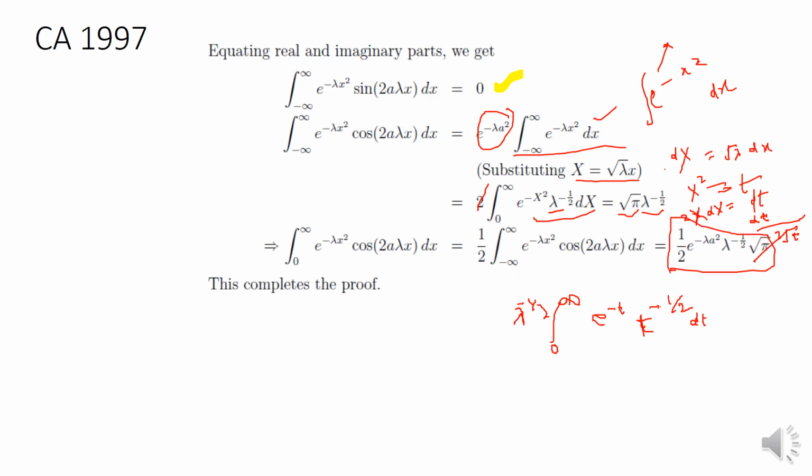We multiply it by e to the power minus lambda a square. So this comes this much. That is because we were writing that integral 0 to infinity e to the power minus lambda x square cos 2a lambda x dx is equal to 1 by 2 of this much, is equal to 1 by 2 of this much.